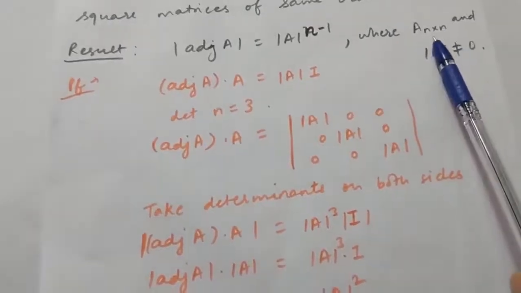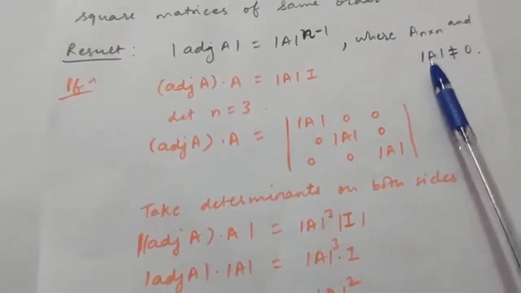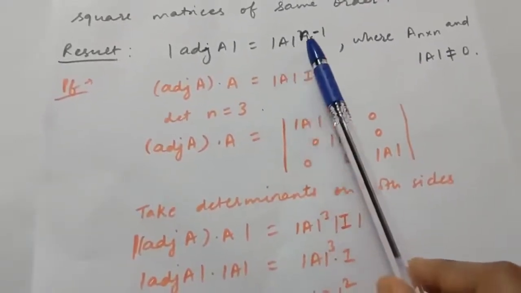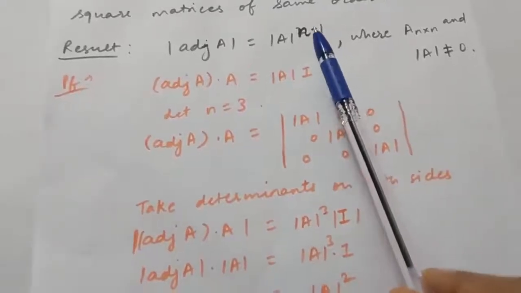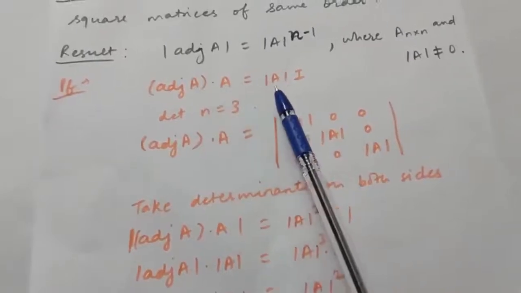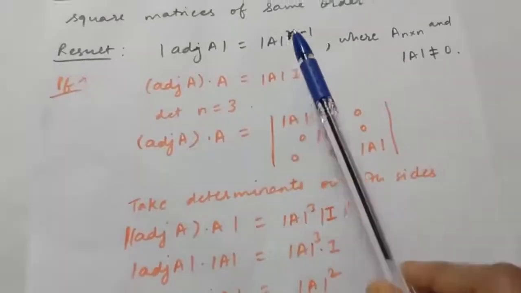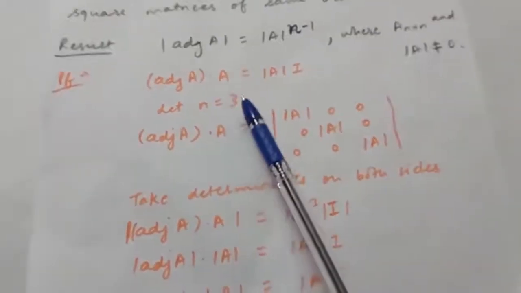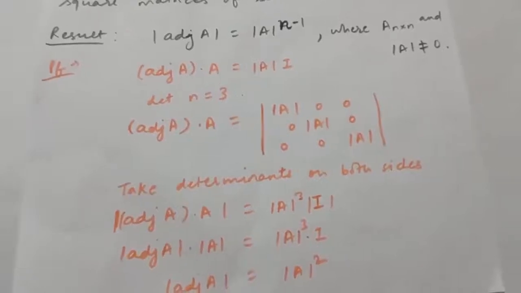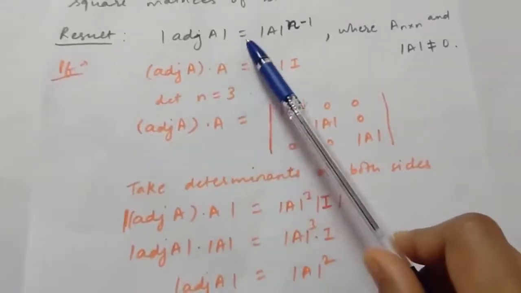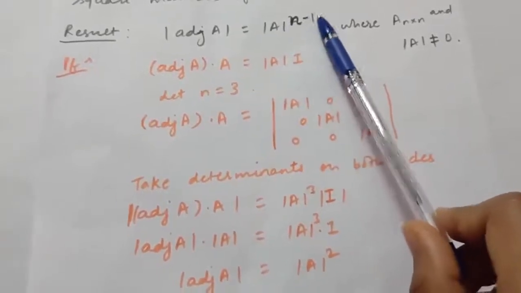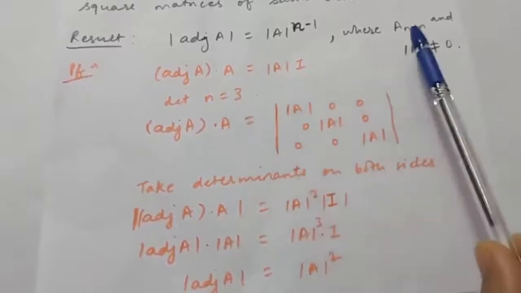So we know this theorem that adjoint A into A is equal to determinant of A into I, right? Now we will prove this result taking n as 3. If n is 3, that means we have to show that determinant of adjoint A is equal to determinant of A raised to the power 3 minus 1, that is 2, where A is a 3 cross 3 matrix, right?